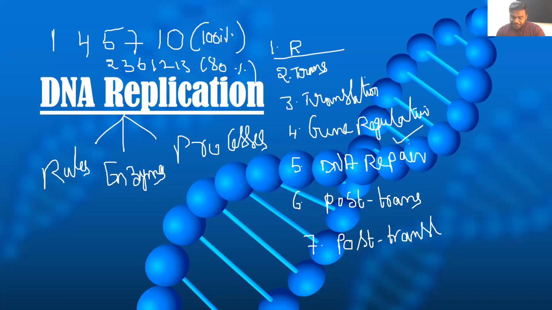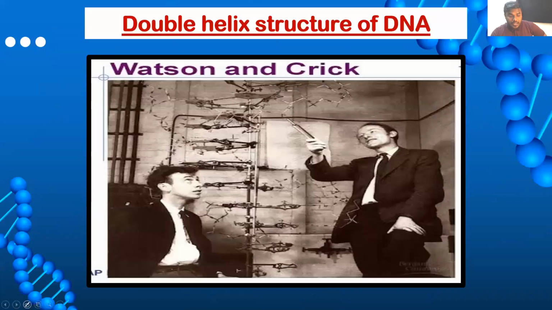So in replication, we have to read rules, enzymes, and ultimately the processes. Once the chapter is finished, immediately we'll solve all the practice questions from all the years, especially till 2016, not more than that, from 2022.